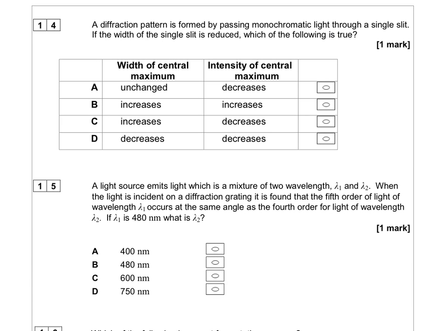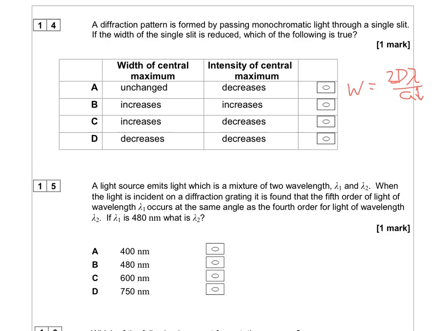A diffraction pattern is formed by passing monochromatic light through a single slit. If the width of the single slit is reduced, which of the following is true? So, key thing to remember with a single slit, it's this equation that governs it, where A is the width of the slit. So if A is decreased, which of the following is true?